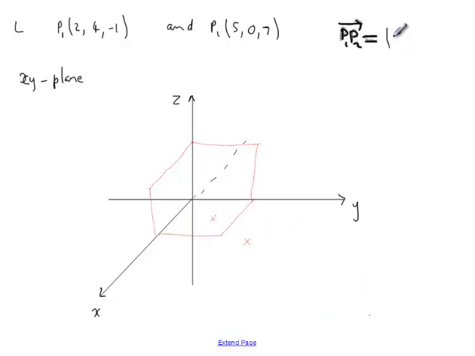It's (3, minus 4, 8). Now, the equation of that line L will be (x, y, z) equals, let's take it from P1, (2, 4, minus 1)... plus t times (3, minus 4, 8).